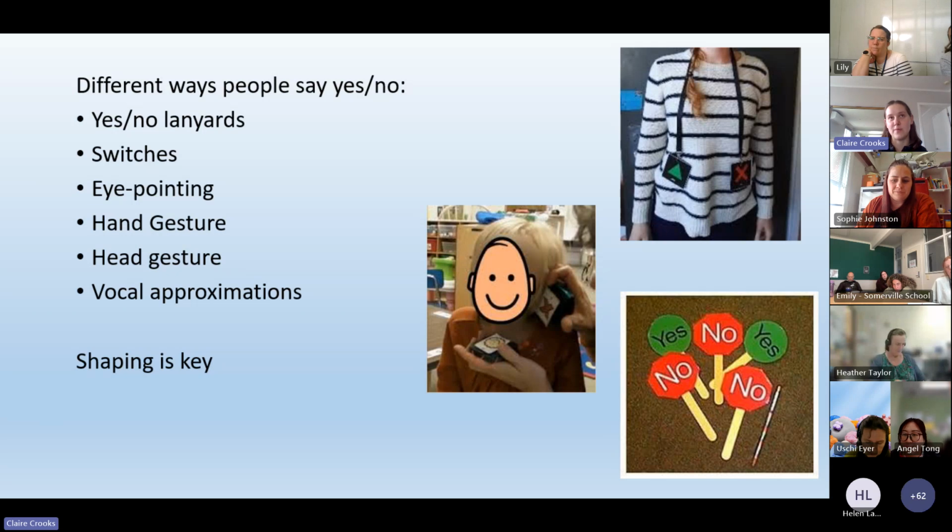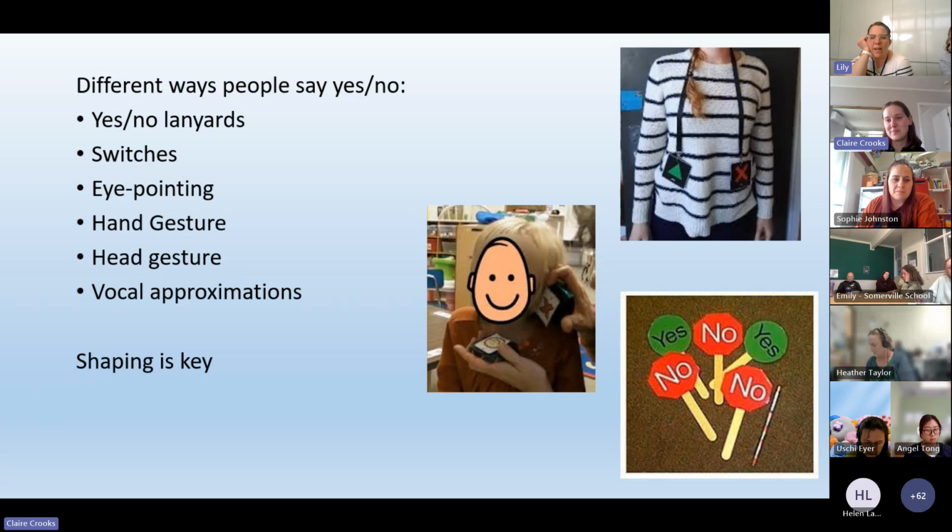Really important when you're doing shaping with someone who has a vision impairment is that you're verbally saying the movement, that I'm moving my head down, I move my head up, so that they can hear it and it's being explained to them. Sometimes you might use some tactile cues with that, but it depends on how they go, on their movement, and if they can access a yes switch or if they can be shaped. Really hard to say without seeing, but there's lots of different ways.